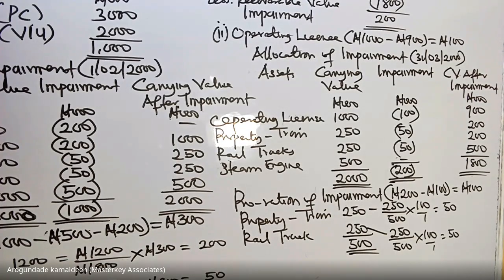In this case, there is no damage. So you impair the steam engine when there is damage. It means one engine has blown off, so we still have the second engine in good condition.